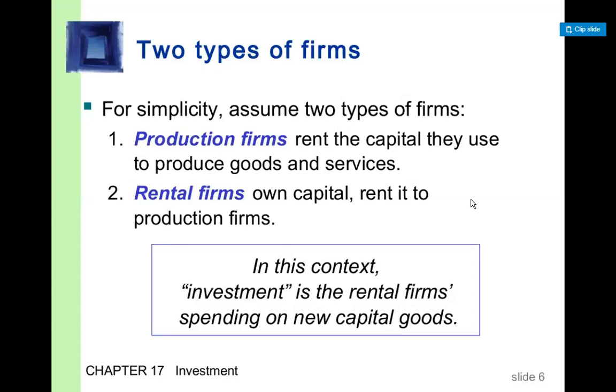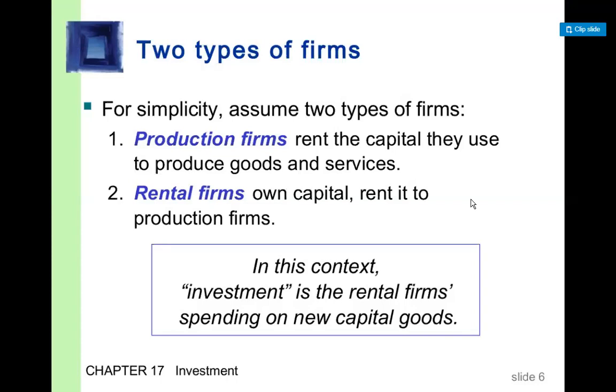In other words, business fixed investment is the spending of rental firms on new capital.